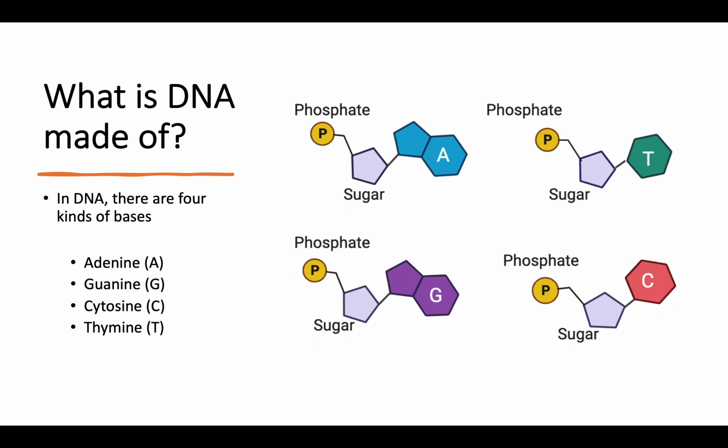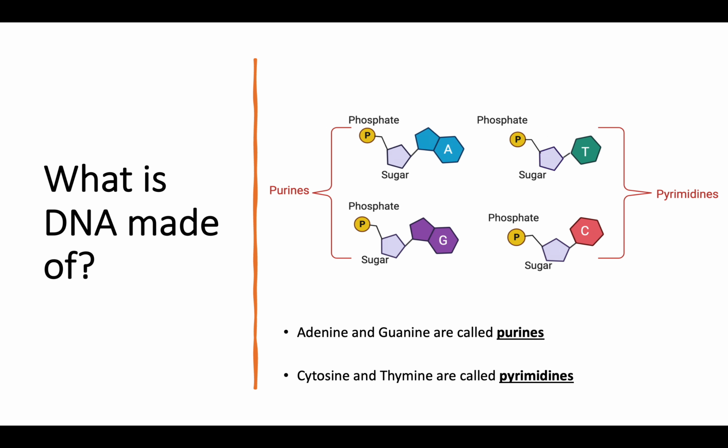In DNA, there are four kinds of bases: adenine, guanine, cytosine, and thymine. Adenine and guanine are also called purines, and each of these has two nitrogen-containing rings, whereas cytosine and thymine are called pyrimidines, and each has a single nitrogen-containing ring.